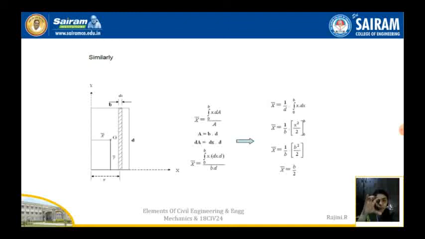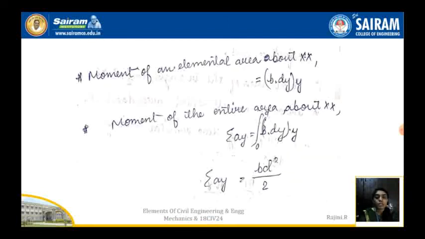Follow the same steps: x bar is equal to the integration from 0 to b, minimum to maximum, of x into dA, divided by A. A is b into d, and the small area is dx into d. If you substitute, after integration you will get x bar equal to b by 2, right?